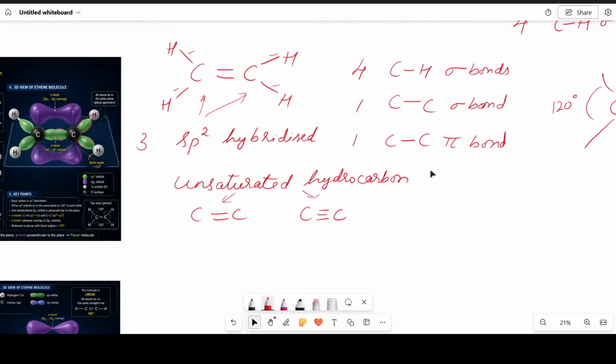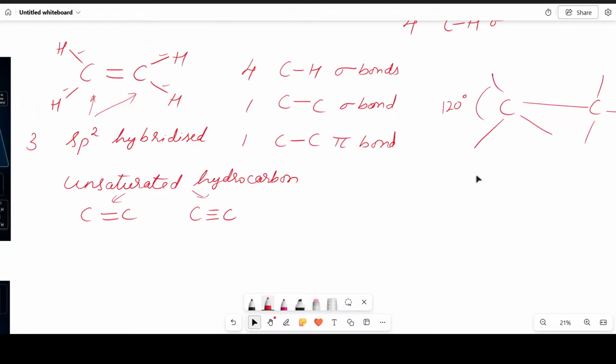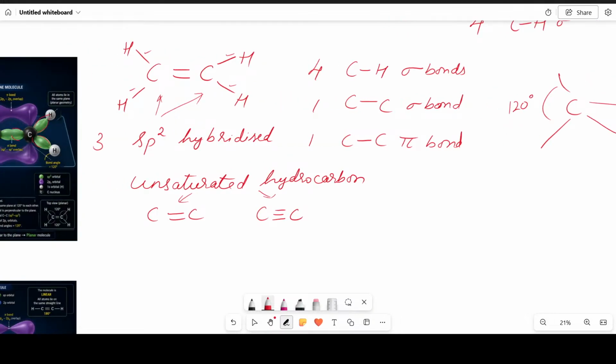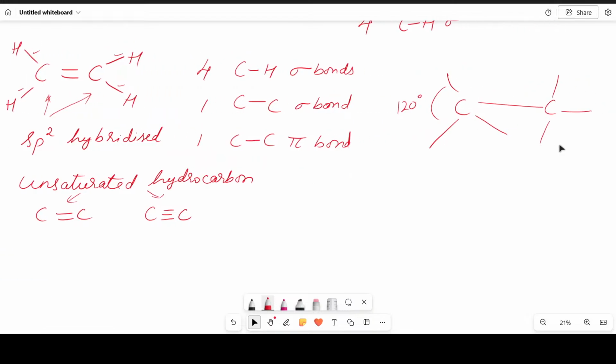Okay. Now let us see some of the features of these pi bonds. Here they are formed by the sideways overlap. The orbitals are overlapping sideways. Say for example, this is the hybridized orbital.